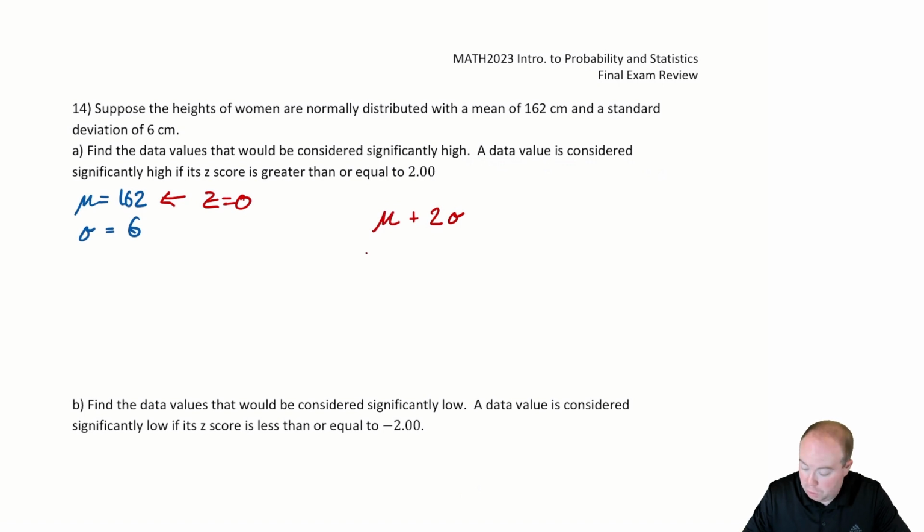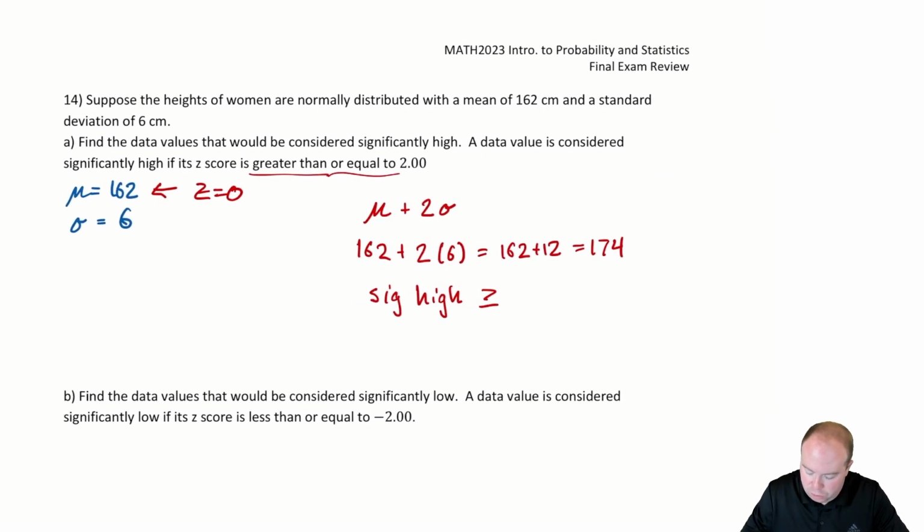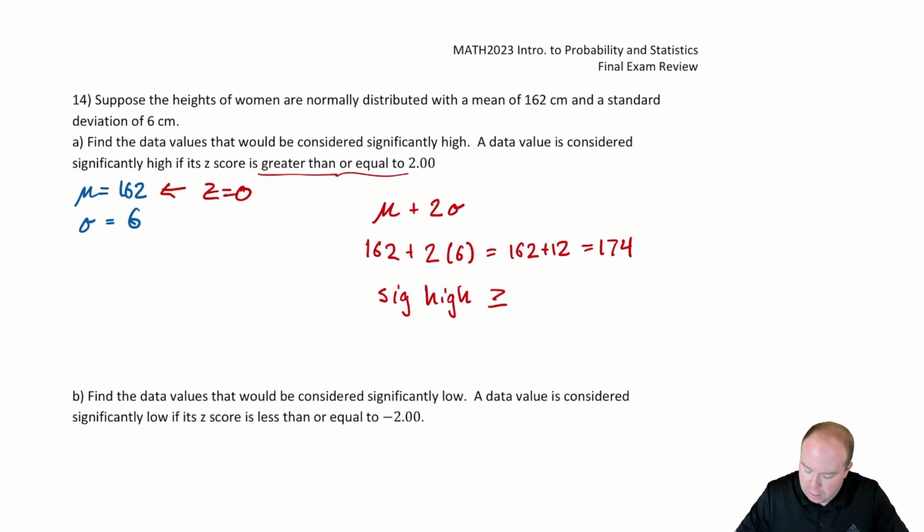So this is mu plus 2 sigma. So 162 plus 2 times 6 gives us 162 plus 12, or 174. So significantly high values are greater than or equal to 174, as stated in the problem.